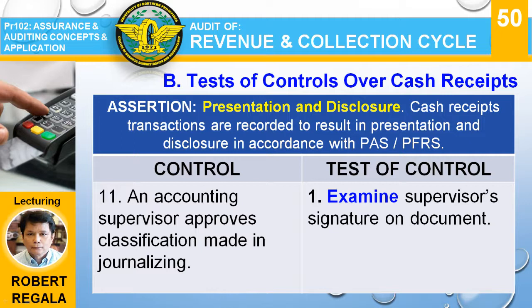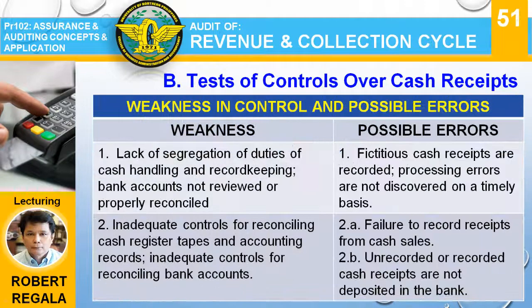This control reduces the likelihood of payments being posted to the wrong accounts, resulting in credit balances in accounts receivable. To test this control over the assertions, the auditor examines the document where the signature of the supervisor indicating his approval is recorded.